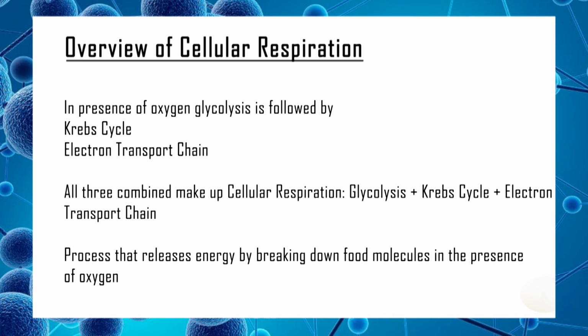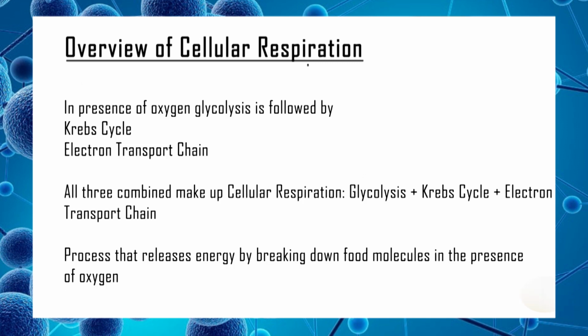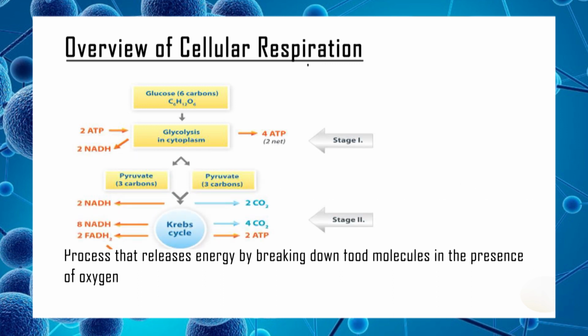In this pictorial representation you can see the process. This is the Krebs cycle. Now, one by one, in the first step, second step and third step, I will explain the Krebs cycle.